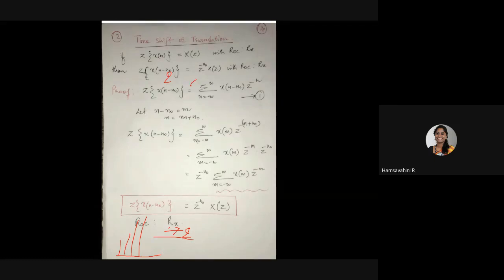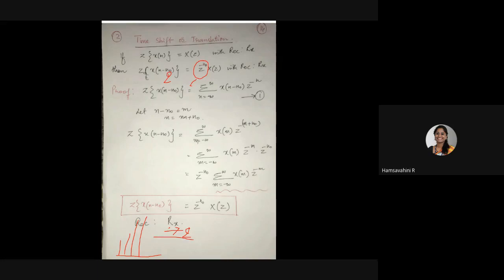Suppose I ask you to find the Z transform of the same signal, but shifted towards right by 2 units. You just multiply x of z, that is the Z transform of x of n, with the factor z power minus n naught.